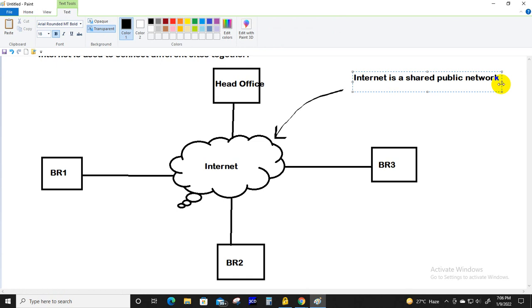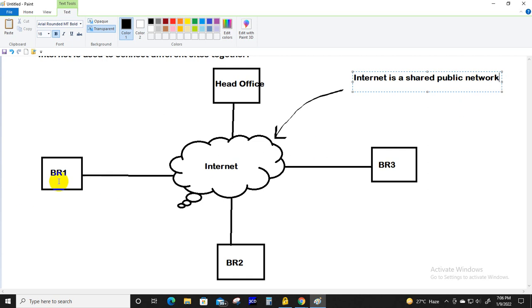That means everybody is using this network for their own purpose. So data must be protected between sites.